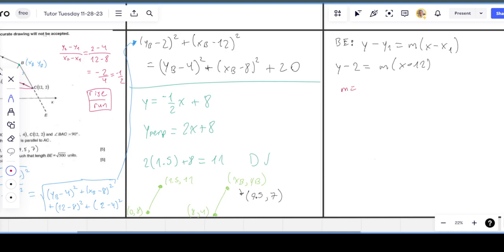That's between C and B. That's going to be 2 minus 7 over 12 minus 9.5. It's -5 over 12 minus 9.5, which is 2.5. That's going to be -2.